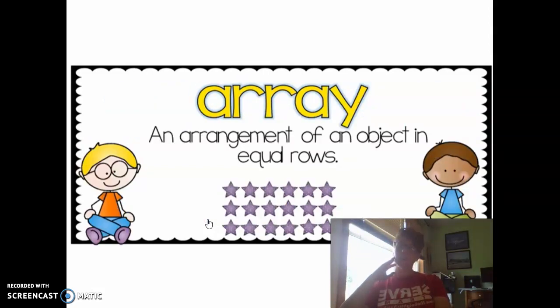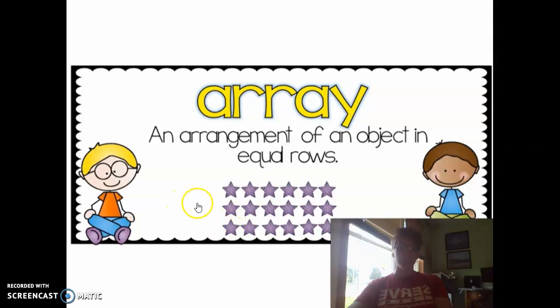This is another way to represent multiplication, an array. When we use an array for multiplication, we are arranging objects in equal rows and columns. In this array, I see 1, 2, 3, 4, 5, 6 stars in a row. And then let me count the columns. I see 1, 2, 3 stars in a column.